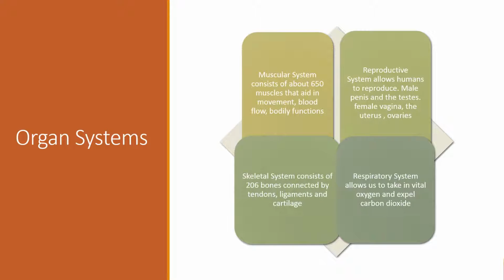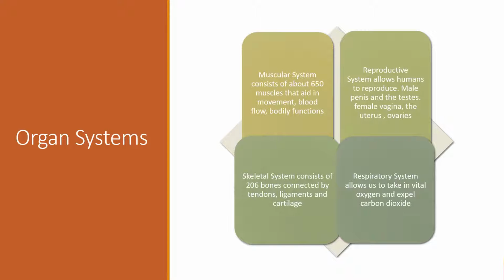The reproductive system. The reproductive system allows humans to reproduce. The male system is comprised of the penis, the testes, the female reproductive system comprised of the vagina, the uterus, and ovaries. The muscular system. It consists of about 650 muscles that aid in movement, blood flow, and additional bodily functions.